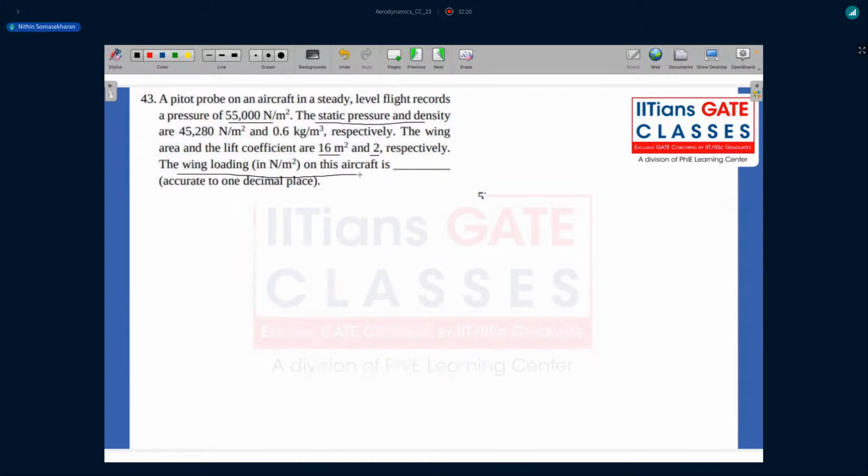All right. So there is a pitot probe which is kept on an aircraft, and that is measuring a pressure of 55,000. We know that a pitot tube will basically measure your total pressure, or your stagnation pressure. So whatever this value 55,000 is, it is basically your stagnation pressure.